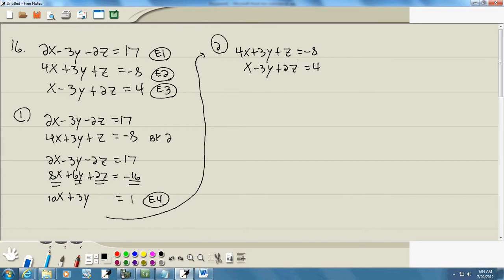Again, these have to be additive inverses of z's. Here's a positive 2z, so this needs to be a negative 2z. So we're going to multiply the first equation by negative 2. Negative 2 times 4x is negative 8x. Negative 2 times 3y is negative 6y. Negative 2 times z is negative 2z. And negative 2 times negative 8 gives us a positive 16. The second equation remains as is.